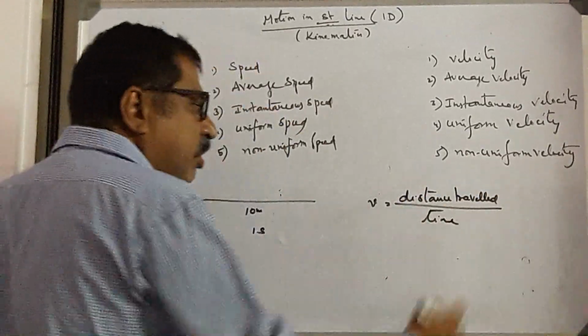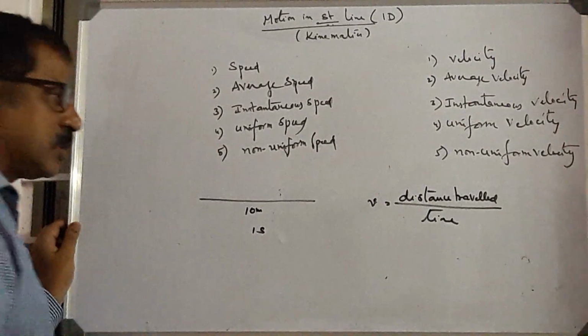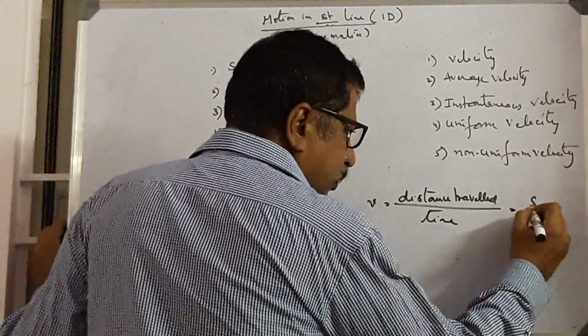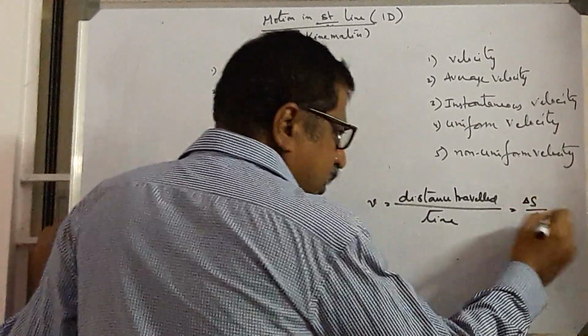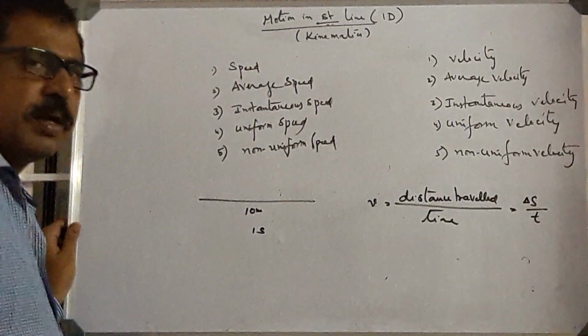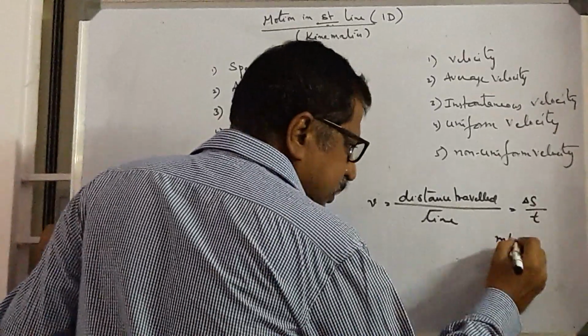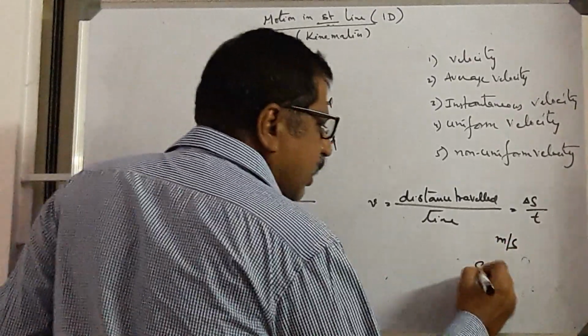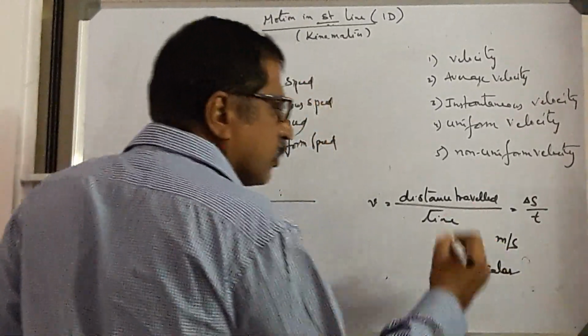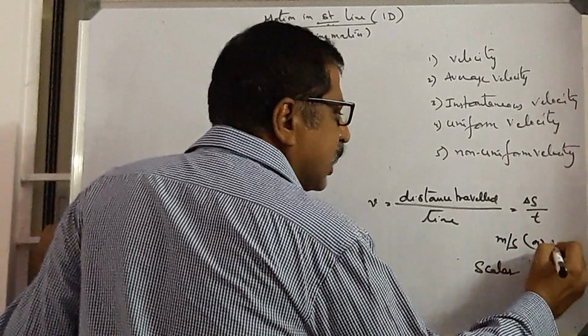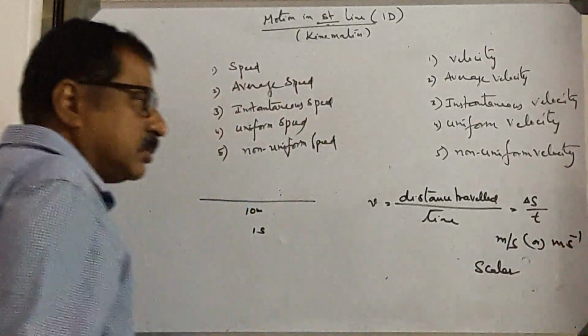This is known as the rate of distance traveled. It is also represented by delta S by T. The unit for this speed is meter per second. It is a scalar, or it can be represented as meter second inverse.